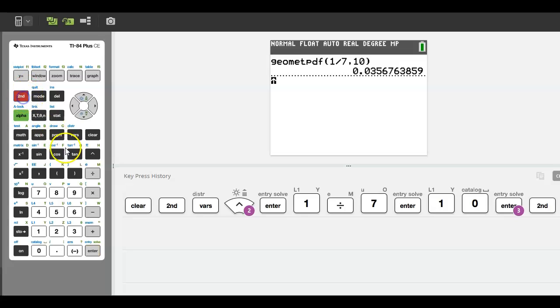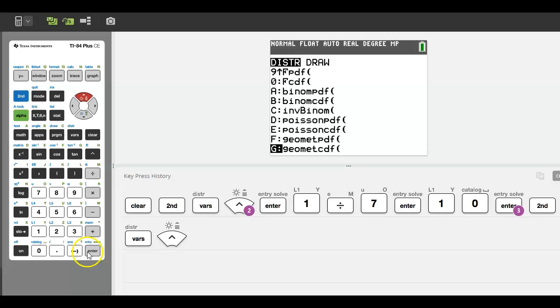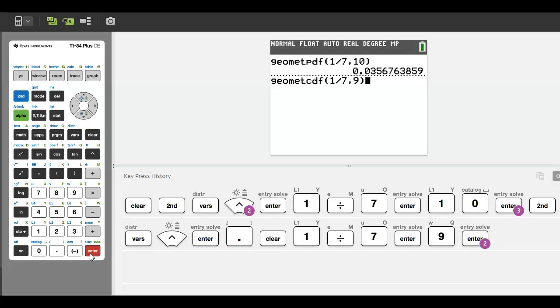And then if I want to know the probability that the first success occurs within the first 9 trials, this would be 1/7, and I think this is actually 9. So that's how I can use that. That's going to sum up the probability that the first success was on the first trial, or the 2nd or the 3rd or the 4th or the 5th, all the way up through the 9th. So that's how I'm going to use those calculator features.